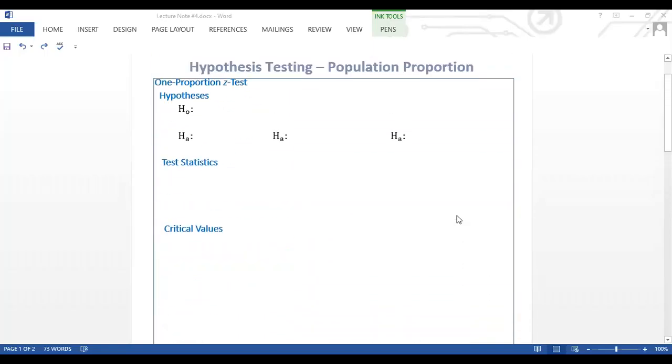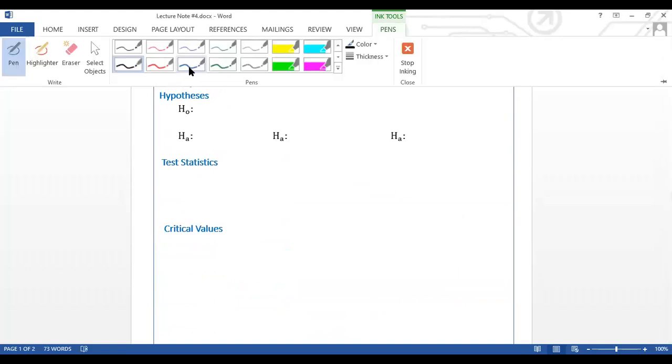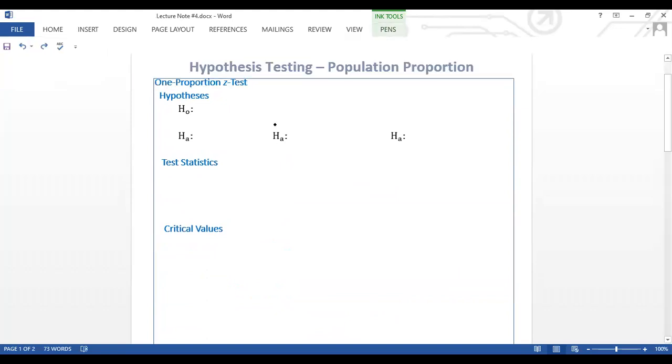So what is the one population proportion test?